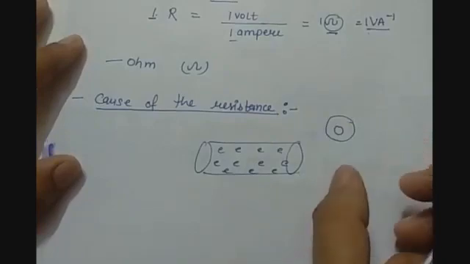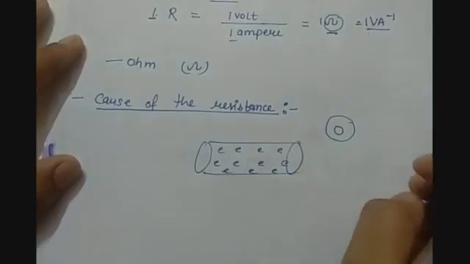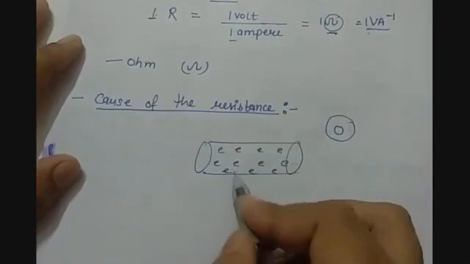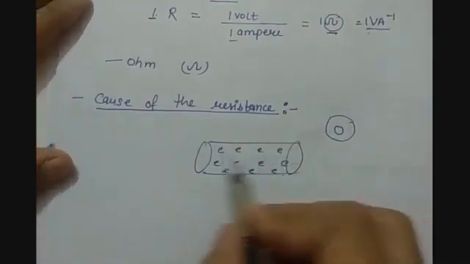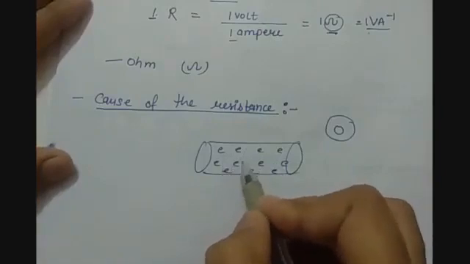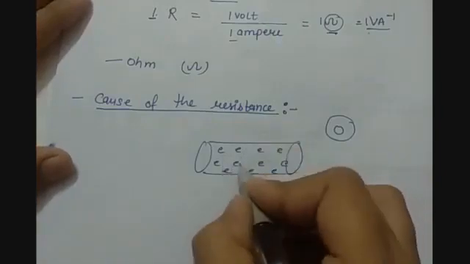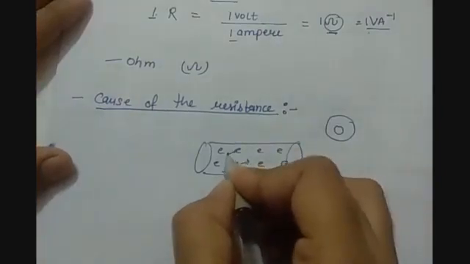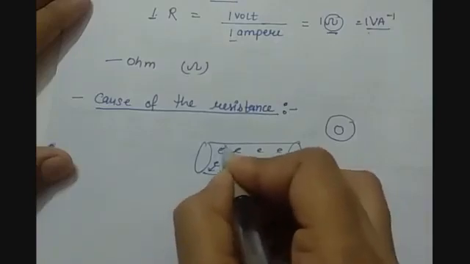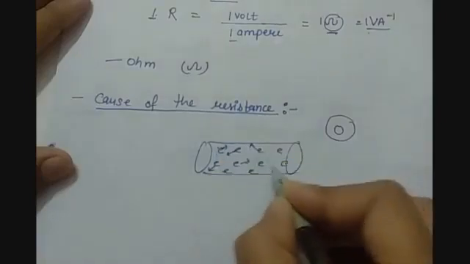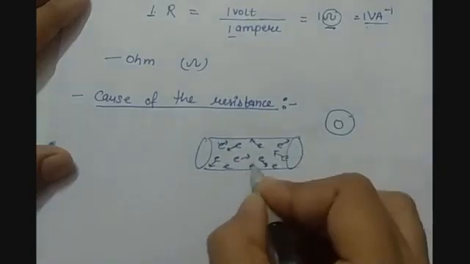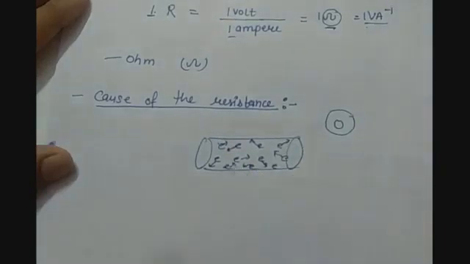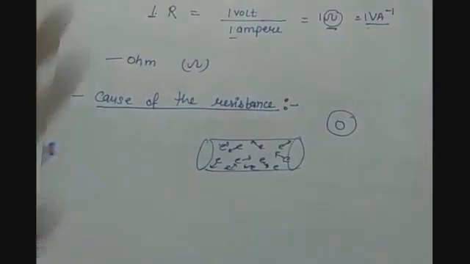But as in the metal they are so closely packed, we have free electrons which can move inside the conductor. That means these electrons are moving in random directions when no electric potential difference is applied to them. So now they are randomly moving in all the directions.